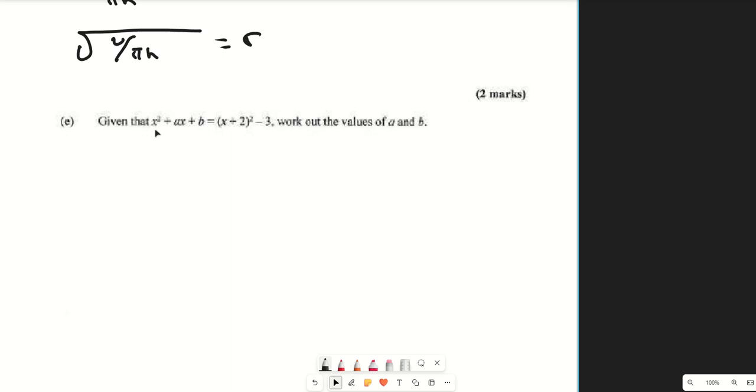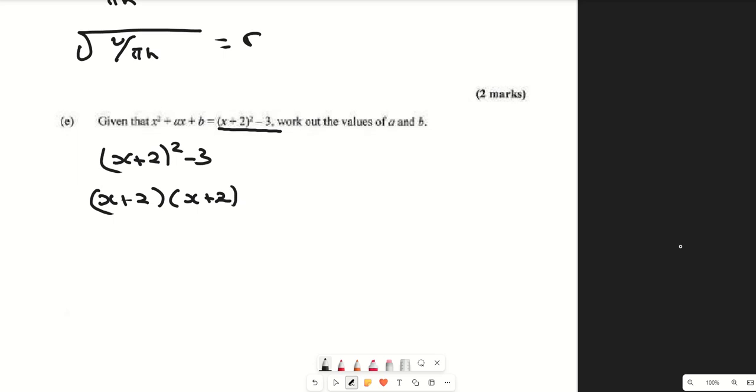It said given that x squared plus ax plus b is equal to this, work out the values of a and b. Simply, we're going to open this out, right? So we're going to have x plus 2 squared minus 3. So x plus 2 squared means x plus 2 by x plus 2.